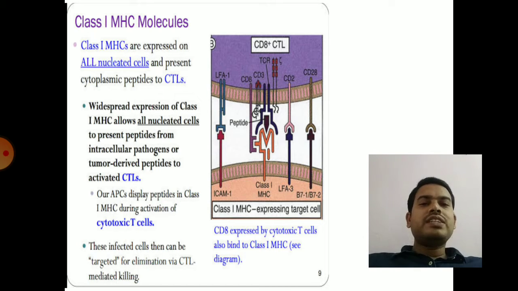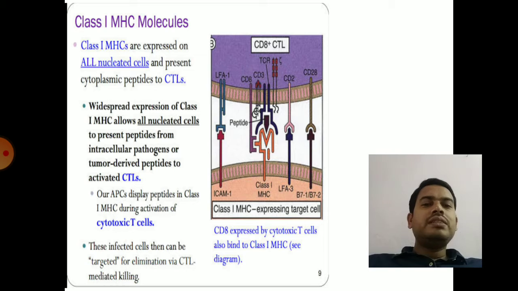That means the cells which contain the class 1 MHC molecule process the antigen, and the antigenic peptides are then submitted to CD8 receptor of cytotoxic cells. So in the diagram you can clearly see the class 1 MHC molecule, an antigenic peptide, and also a CD8 receptor.